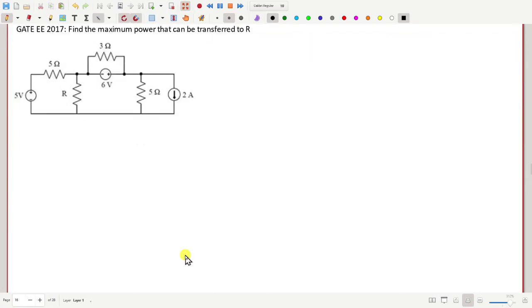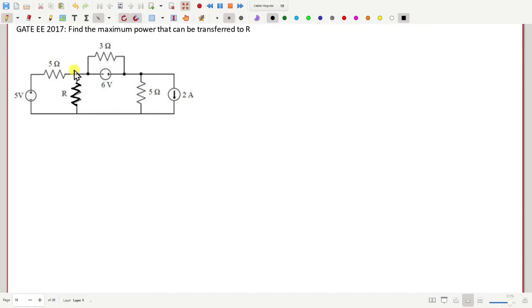Now in this circuit, here we have the resistance R, this is variable, and we have to find the maximum power that can be transferred to this resistance R. So how do we proceed?